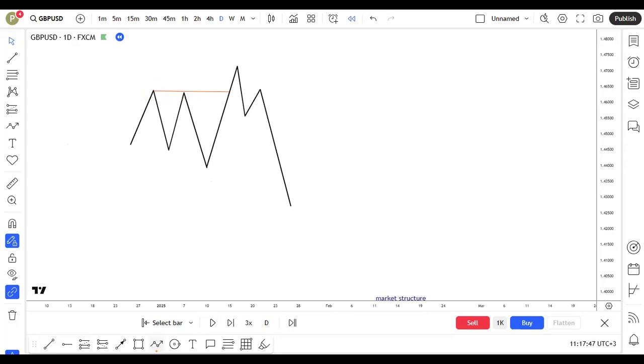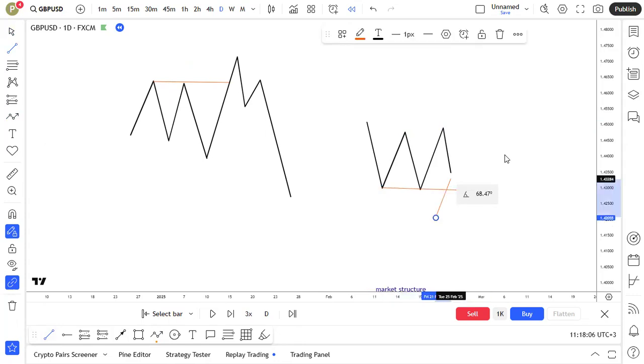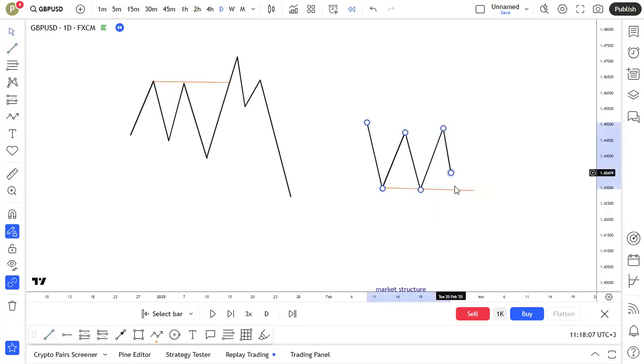Liquidity can also be in form of equal lows, something like this, or we can say double bottoms. So if you expect price to come and respect here, let's say this was equal lows or a double bottom, somebody may be expecting price to respect this and then reverse and go higher.